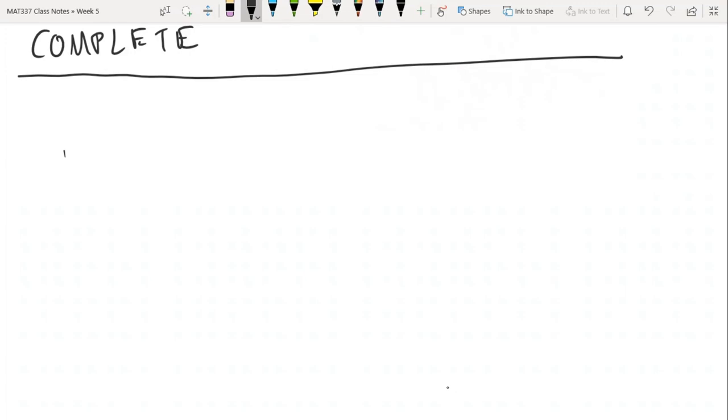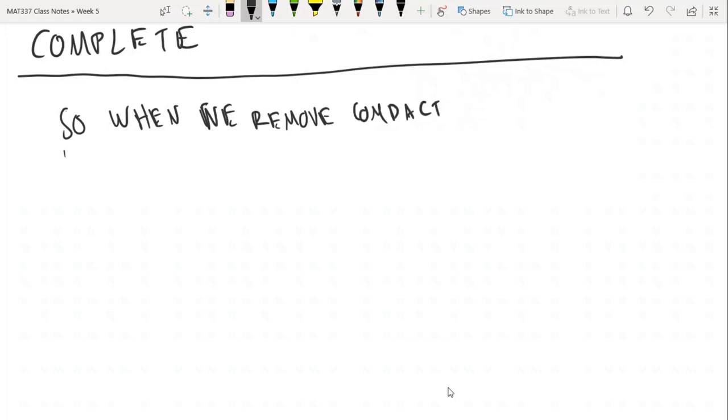So, what do I want to say? Yeah, so when we remove compact, we can lose limit points.